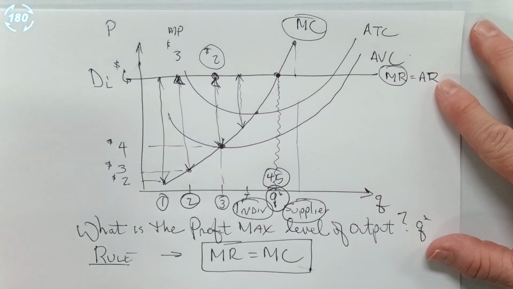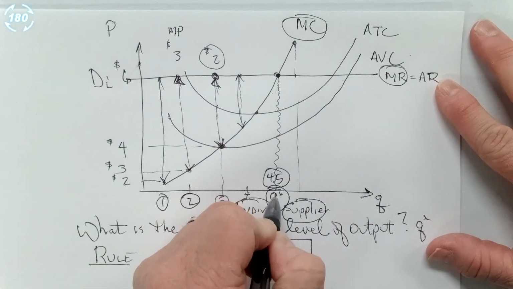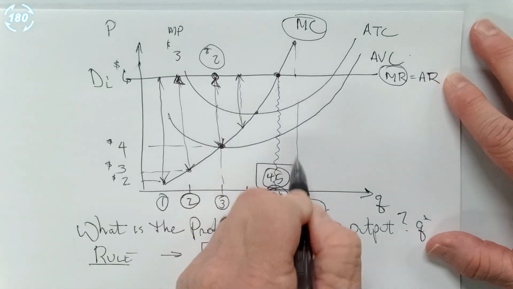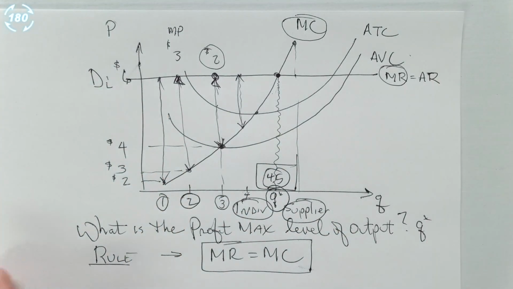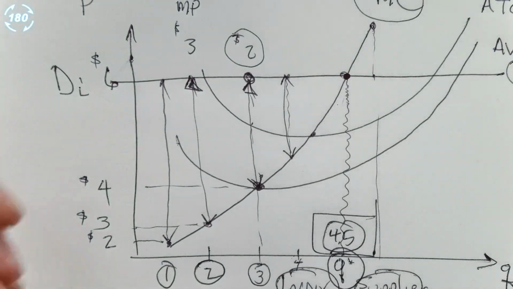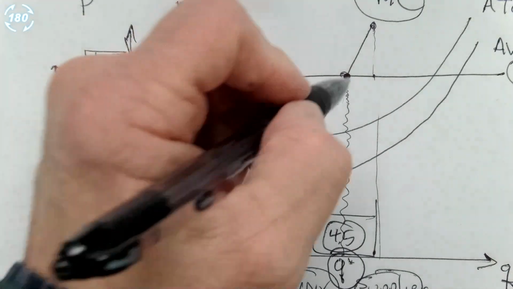Here it's really simple. The profit maximizing quantity looks to be 4.5 units. So how do you achieve that? Well, this producer should bring 4.5 units to market and charge $6. And they'll get the profit maximizing revenue.